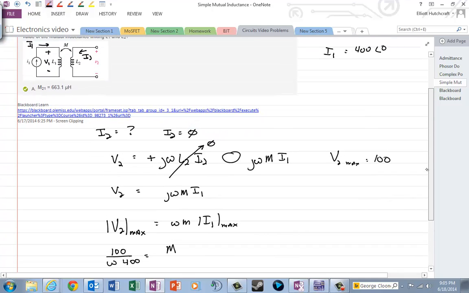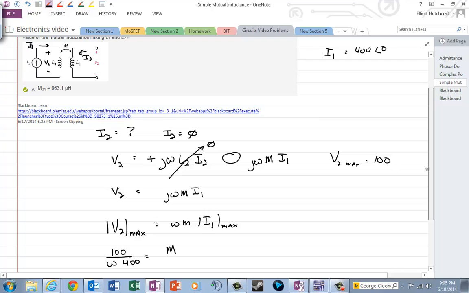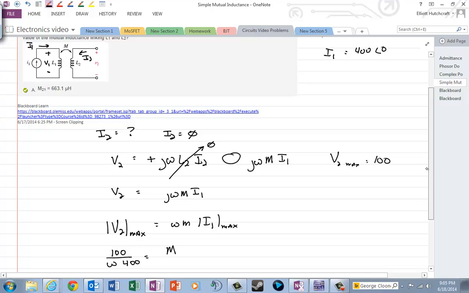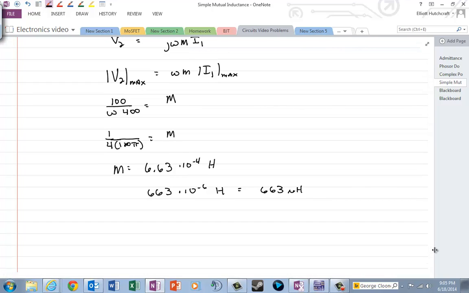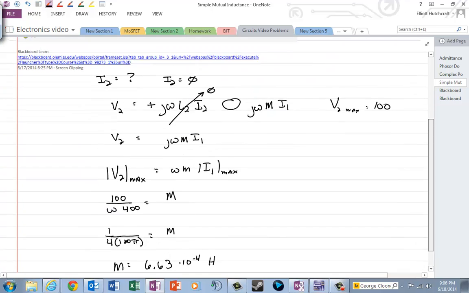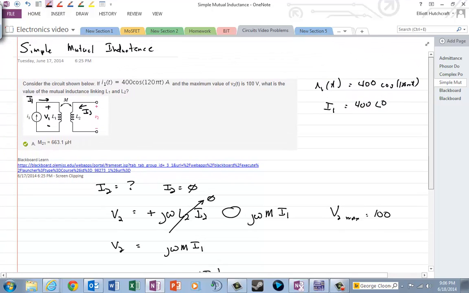Notice that I didn't use enough significant digits to completely compare to the answer, but you can see that the mutual inductance is 663.1 microhenries, so that's exactly as we would expect. So there's a real simple mutual inductance problem that hopefully will make sense to you.